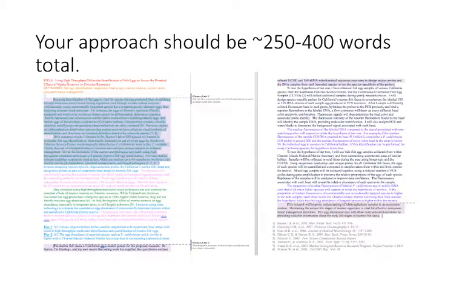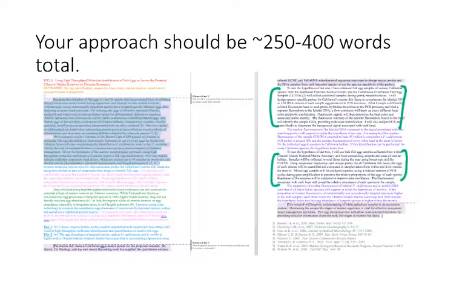As you're thinking about putting all of this together, in terms of roughly how long this section should be, your approach section overall should be about 250 to 400 words. Again, we don't have a lot of space in two pages. And remember that we have two different aims, so you need some kind of approach description for each of those aims. In this example from my GRFP proposal, these two sections I've outlined are the approach.